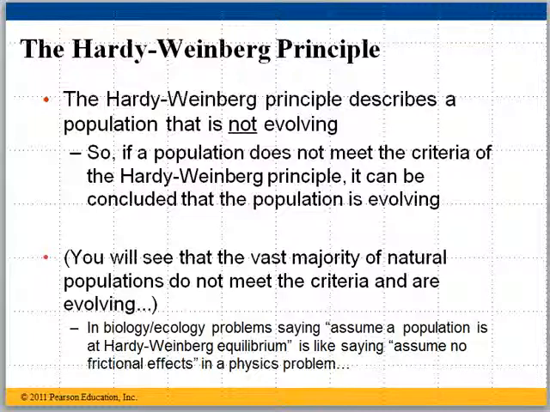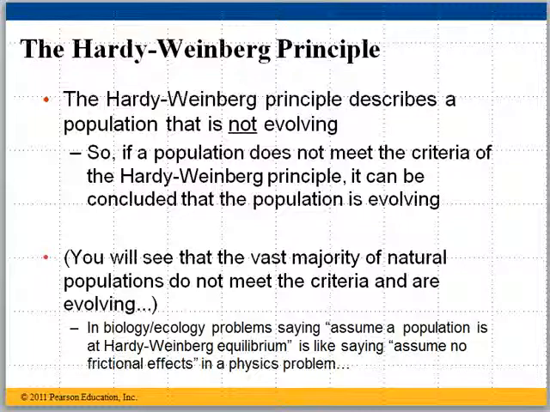So if you hear "assume a population is at Hardy-Weinberg equilibrium," just know that that's very similar to your physics teacher telling you to forget that there's friction in the world, because it makes the problem a lot easier and you're dealing with this sort of simplistic, perfect equation that gets a lot messier in real life.